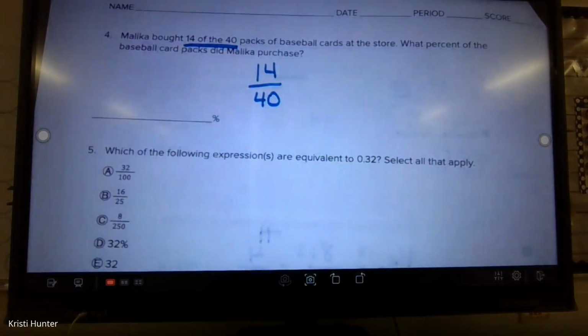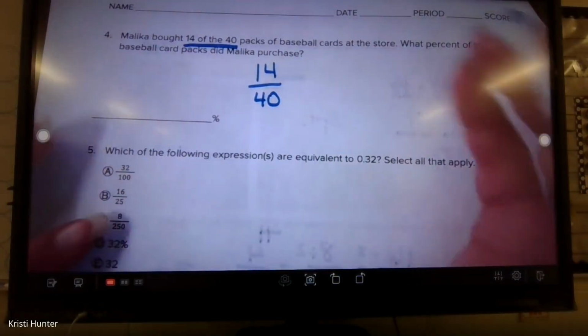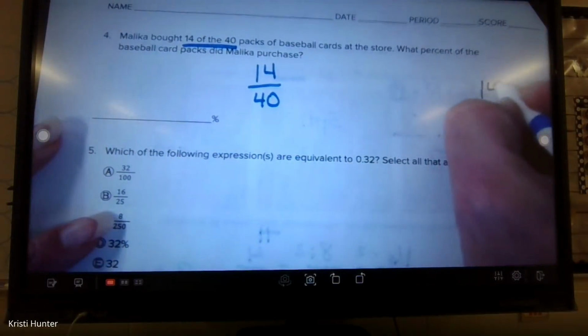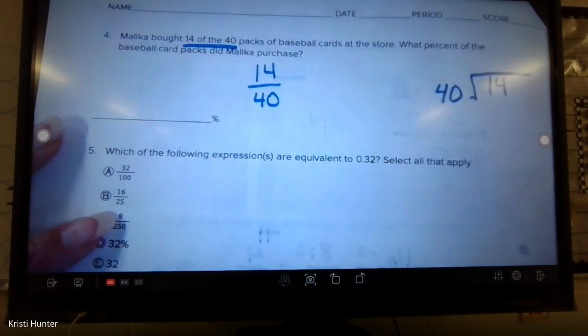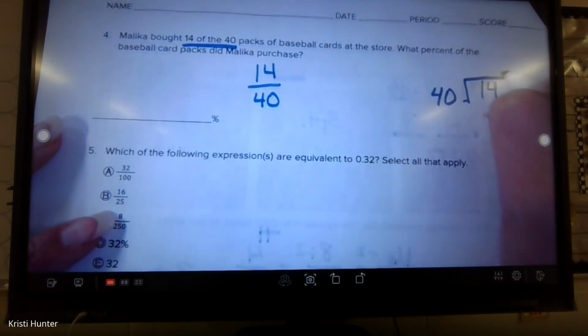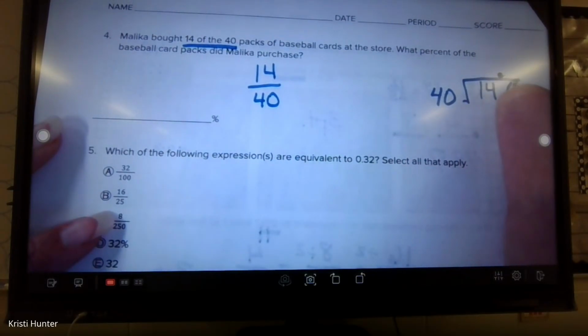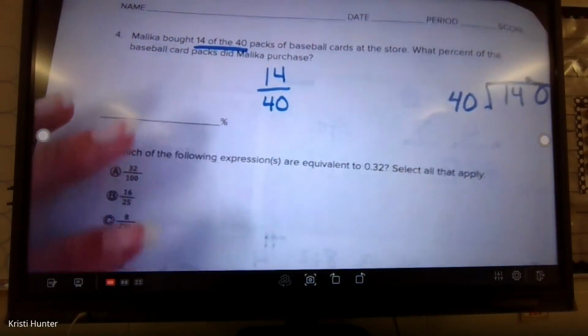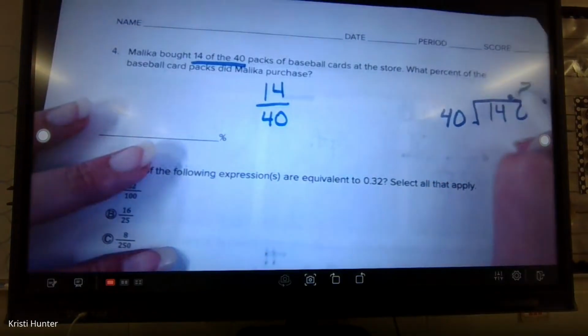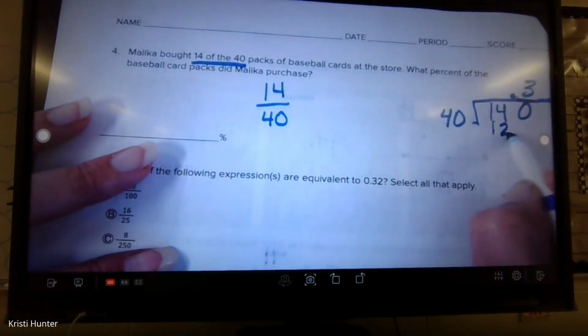If you would like to divide, you can divide and get 14 divided by 40. Well, 40 doesn't go into 14, so I'm going to have to make this a part because it doesn't go in there a whole. So 40, when I count, I could do 3 times and get myself to 120.